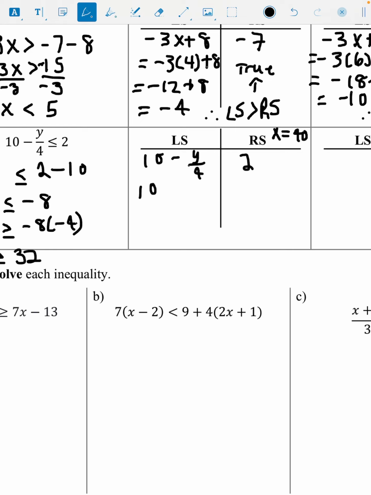So 10 minus 40 over 4 equals 10 minus 10, which equals 0. As our original inequality states, our left side is less than our right side. So this is true.